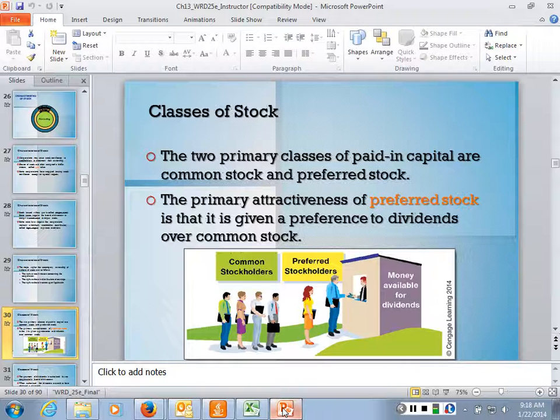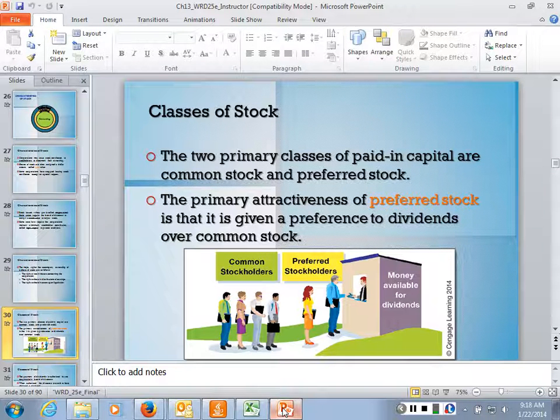There are two types of stock, and we call those paid-in capital, because paid-in capital is the money that you're getting from stockholders. Most of the time, corporations will issue common stock and preferred stock. Common stock has the right to vote, preferred doesn't. So out of those things that I just talked about, preferred does not have the right to vote. Preferred stockholders are going to get their dividends first.